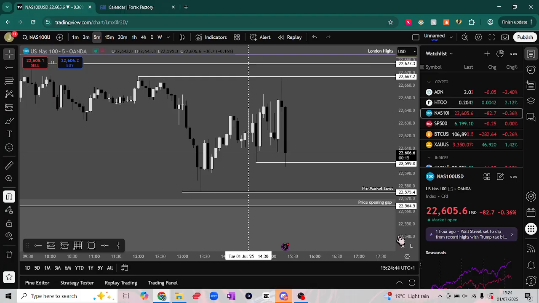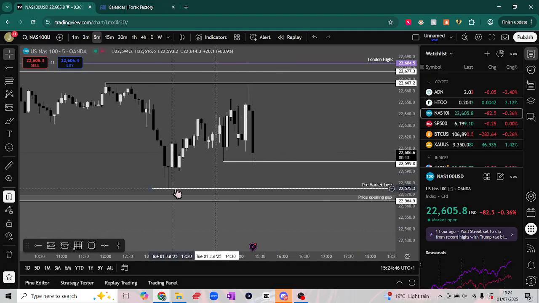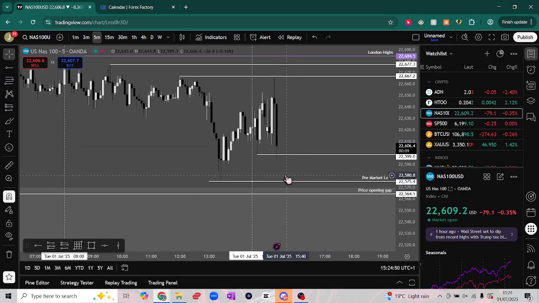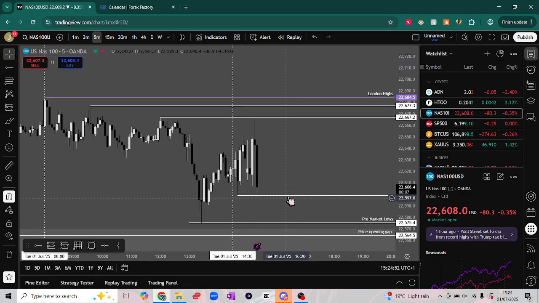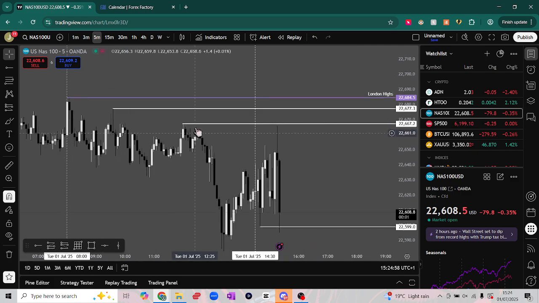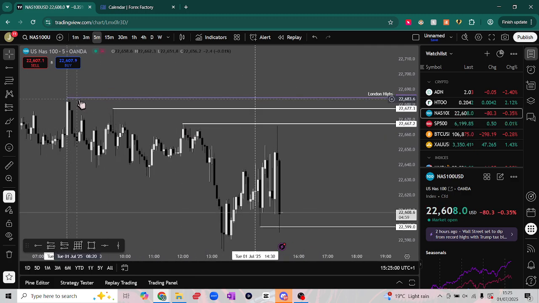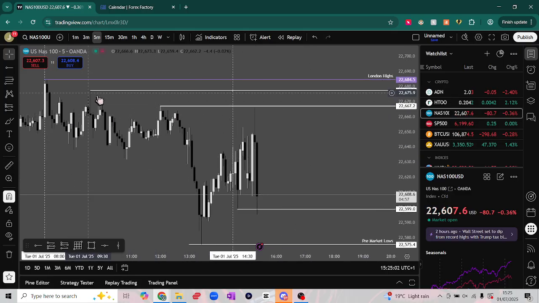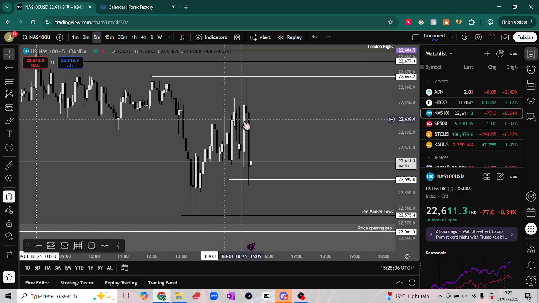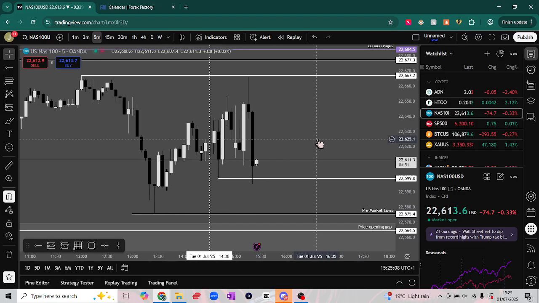I'd need to see at least pre-market lows taken, but because we're so close to this price opening gap, I would like to just see that get filled anyway, because look, we've got relative equal highs at some London highs, not the London high, but just at other highs I've marked out. But yeah, it's not worth it. As you can see, look at the 5-minute chart here.